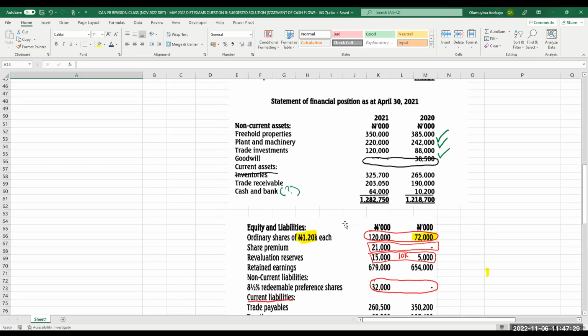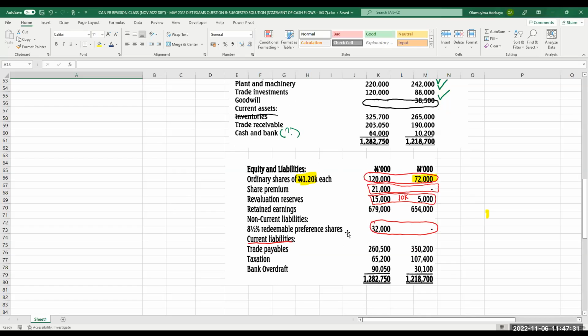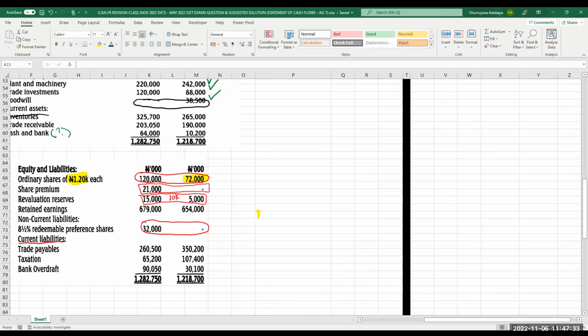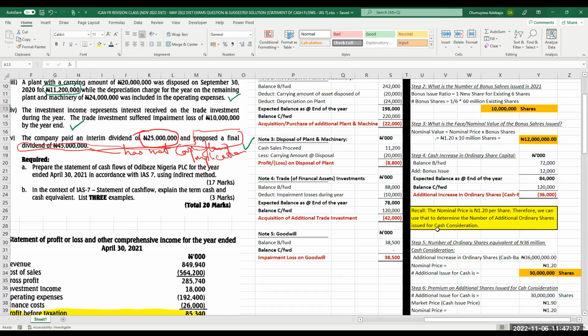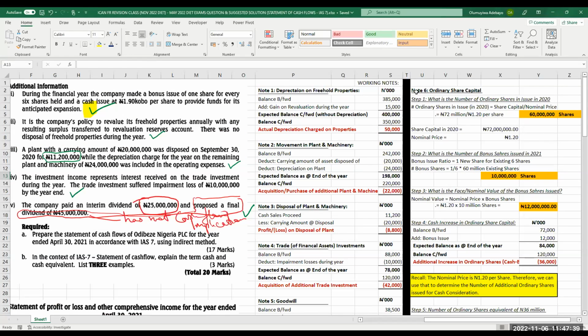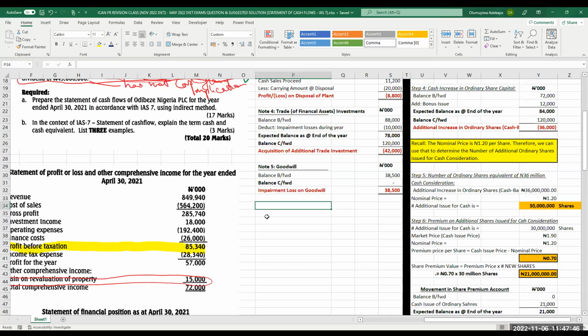That amount relates to, let's break it down. I call this note 6, let me call this note 7. Let me bring note 6 down here. Note 6. Finance cost.